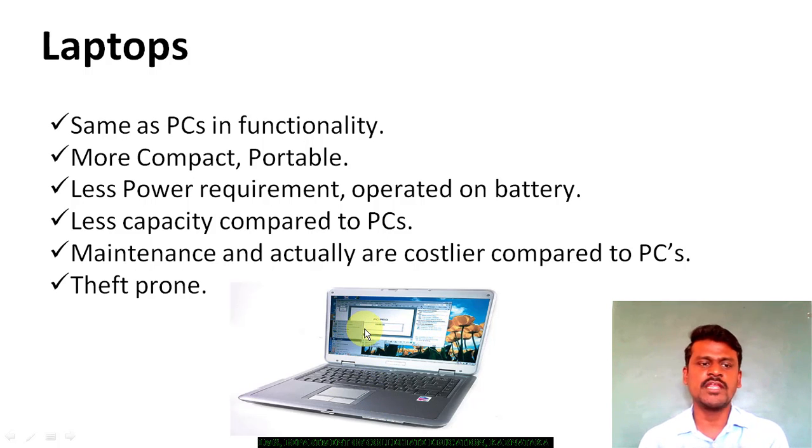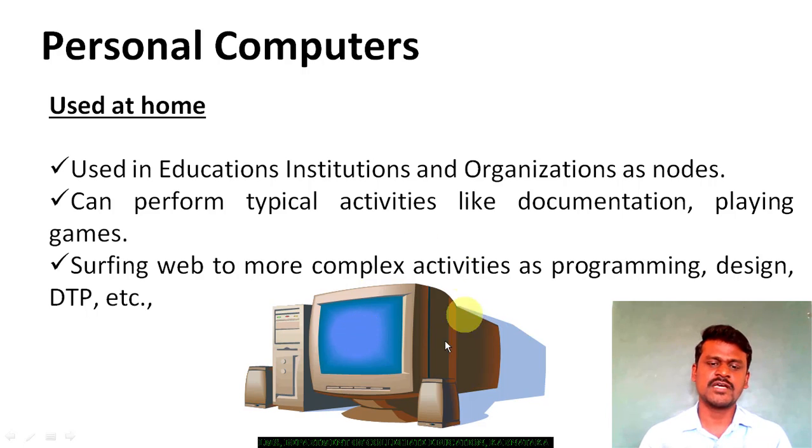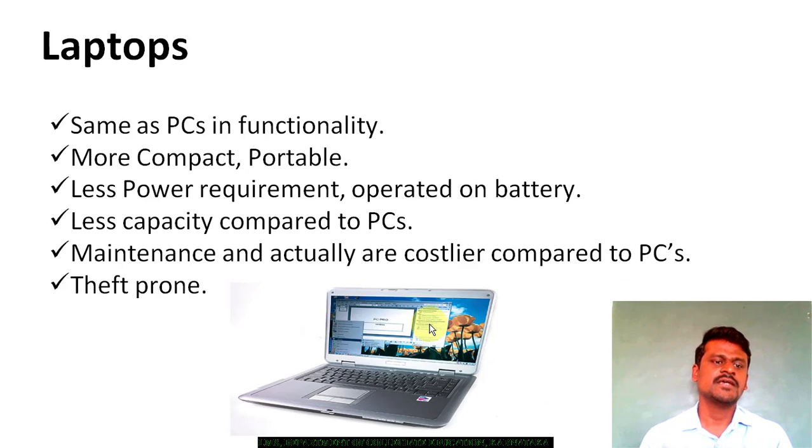You need not worry about more power. It will consume as little as possible, approximately the power consumption of one tube light. But a personal computer will consume more power.